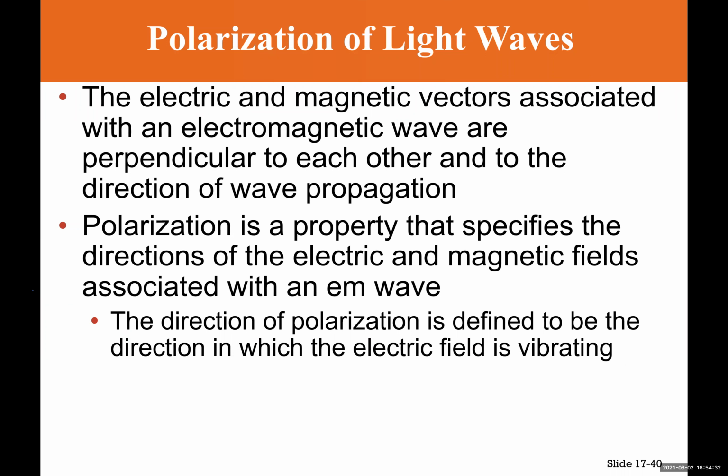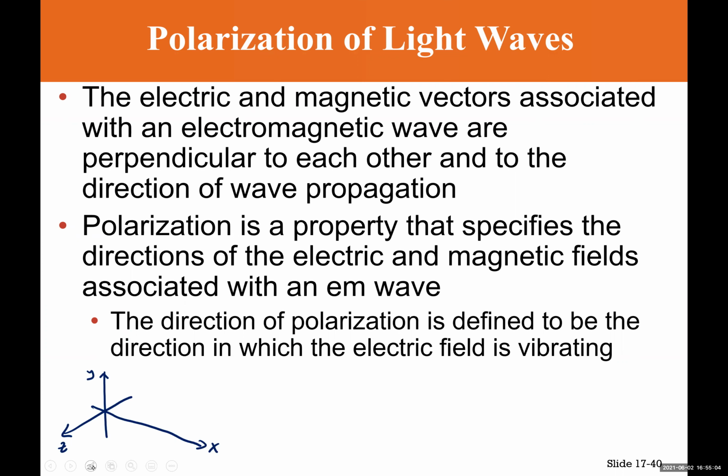Now, one thing about light is that we learned that light is a combination of electric and magnetic vectors, the waves. So when you talk about light, it's electromagnetic vectors associated with an electromagnetic wave. One of the images you would always see for light is this: let's say this is the z-axis, this is the y-axis, this is the x-axis.